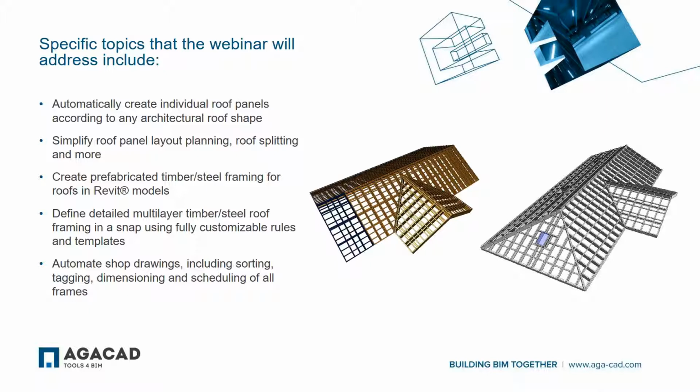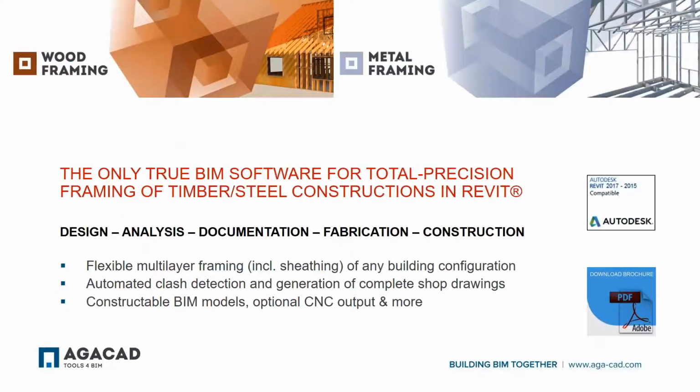Define detailed multi-layer timber and steel roof framing in a snap using fully customizable rules and templates. And finally, automate shop drawings, including sorting, tagging, dimensioning, and scheduling of all frames. Wood framing and metal framing software range benefits from design to analysis, documentation, fabrication, and finally, construction.